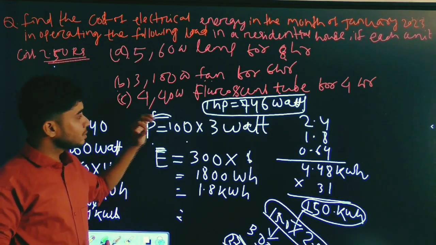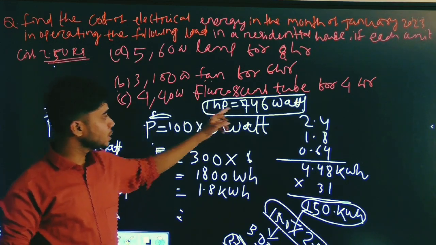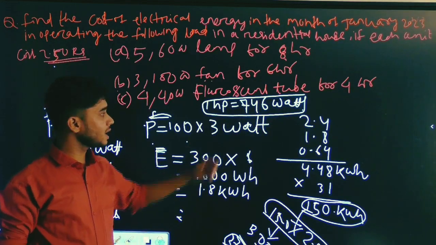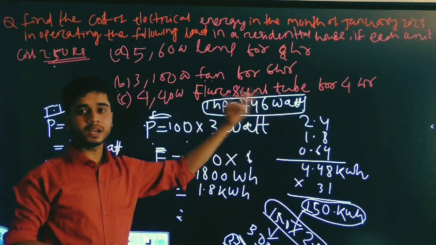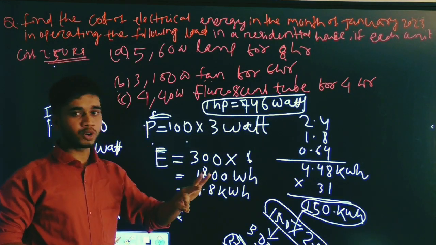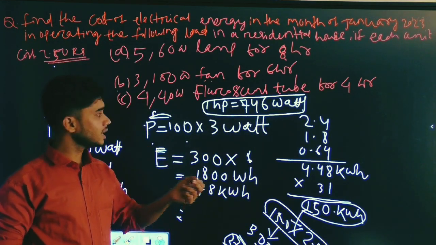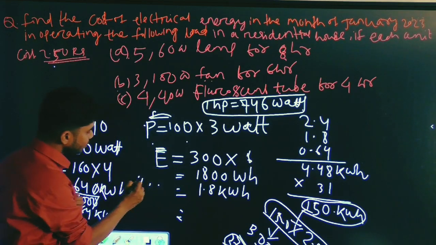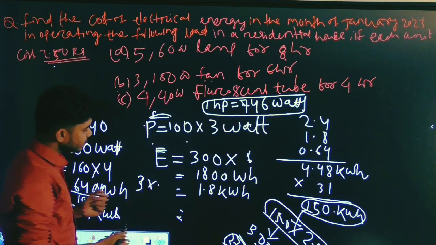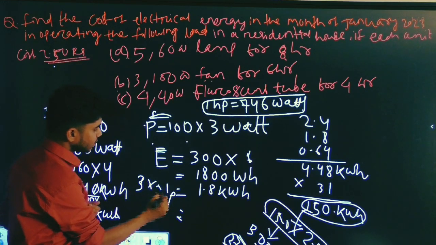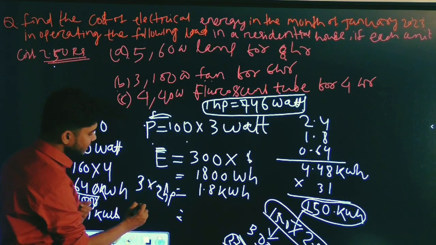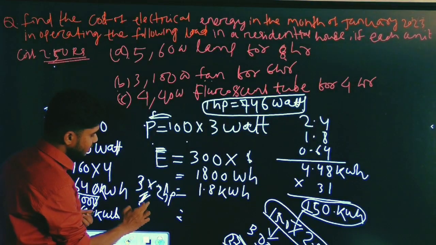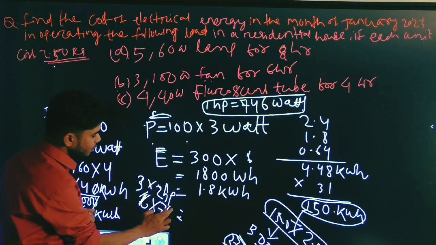So if there is a motor load and it is a 1 HP motor, consider 1 HP equivalent to 746 watt, and if the motor is on for a period of 2 hours, multiply 746 into 2. This will give you the energy consumed by the motor load. If in the question there are 3 motors and each motor is a 2 HP motor, then the total is 6 HP, and 1 HP is basically 746.